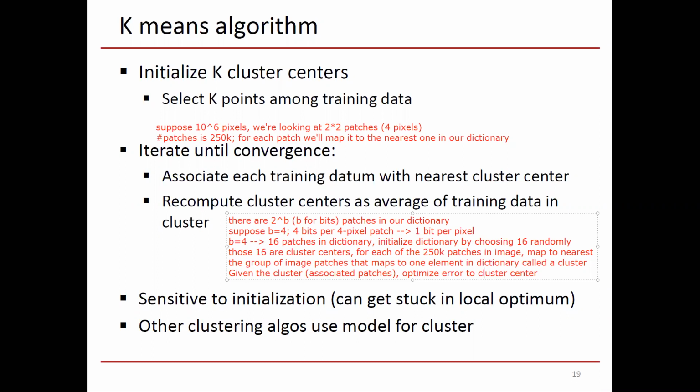Or maybe we shouldn't call it center. Center implies average to the dictionary element. Now, suppose that we want to minimize squared L2, squared error.